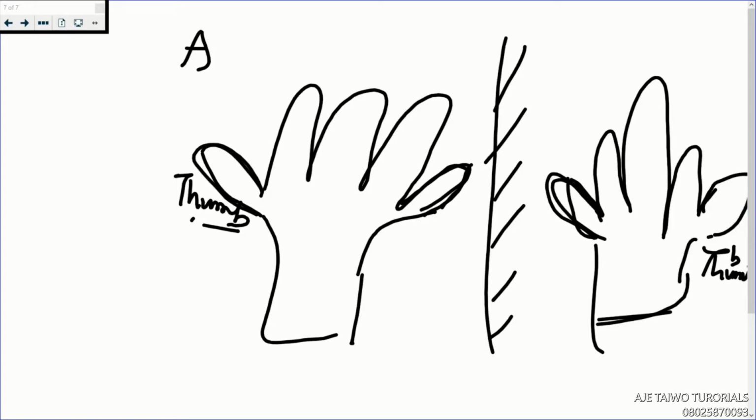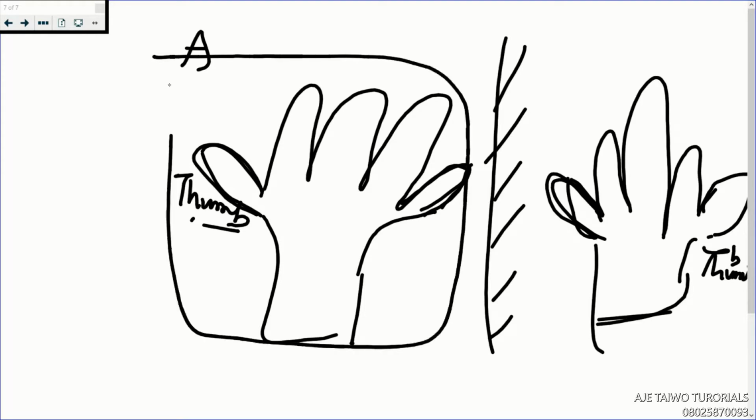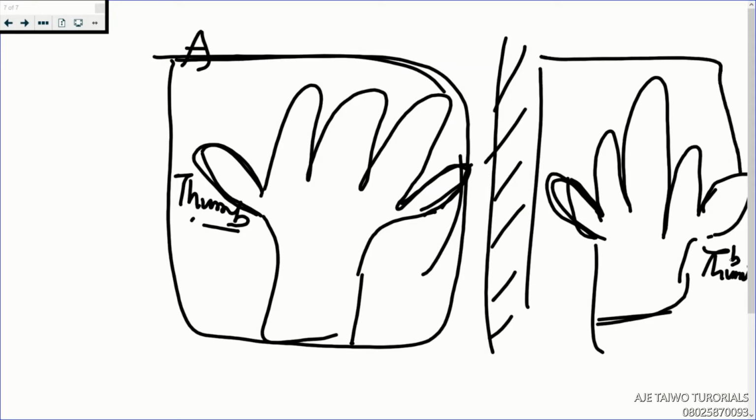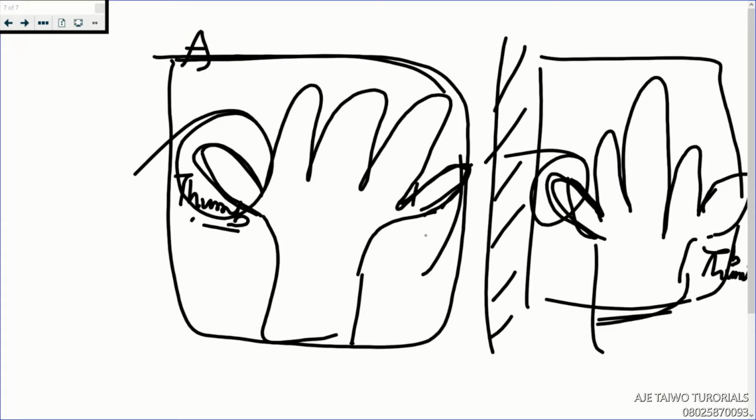So if you now put, just watch, carry this like this, and place this on this. You will see that the thumb will fall on the smallest finger, and the smallest finger will fall on the thumb. They cannot overlap each other.